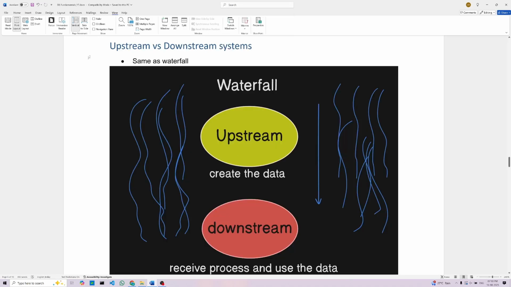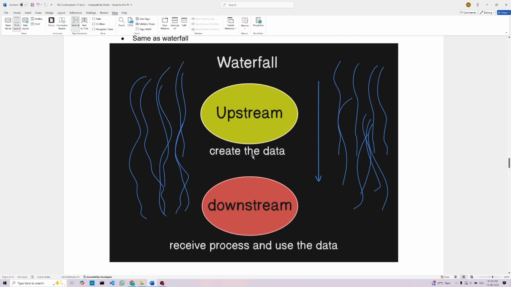Now next is upstream versus downstream systems. This is very simple, bro. Just remember a waterfall. How a waterfall flows from top to bottom, right? So from upstream to downstream. What is upstream? It just creates data. Just like in a waterfall, water gets created upstream somewhere.